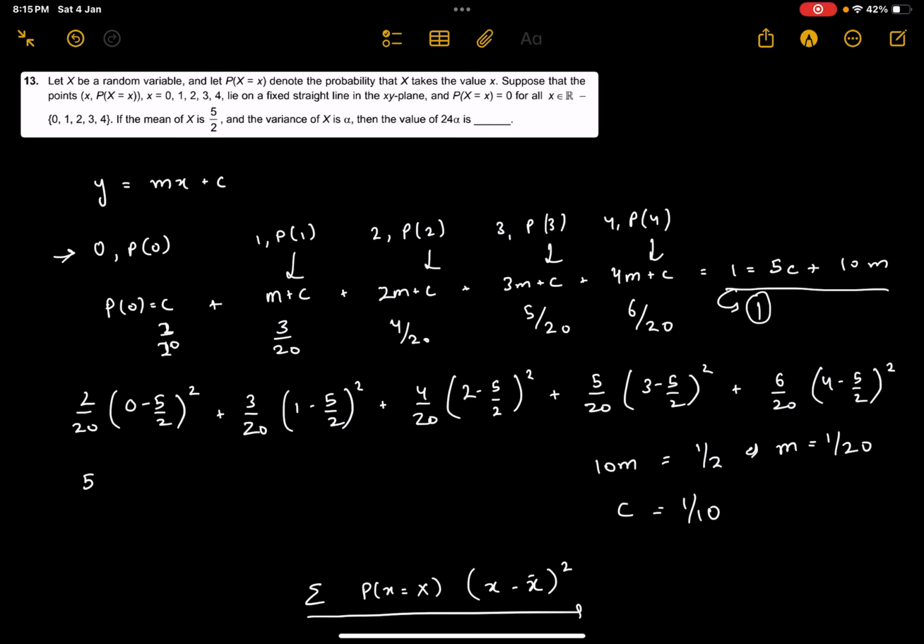This is 50 upon 80, plus 1 minus 5 by 2 is minus 3 by 2, so 9 becomes 27 upon 80. This is 2 minus 5 by 2, which is minus 1 by 2, so this is 4 by 80. This is again 5 by 80. And this is 8 minus 5 is 3 by 2, so this is 54 by 80.